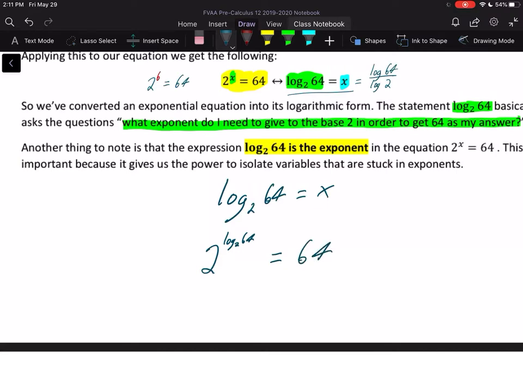You're substituting this number. I'll write it in red since I typically write my substitutions in red. Because log base 2 of 64 is equal to x, which is exactly what we end up getting.